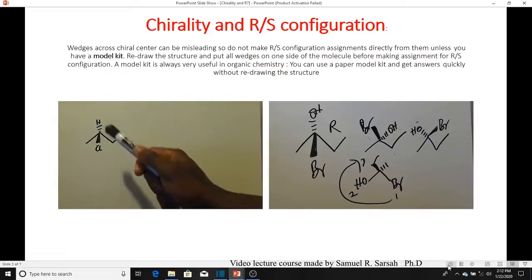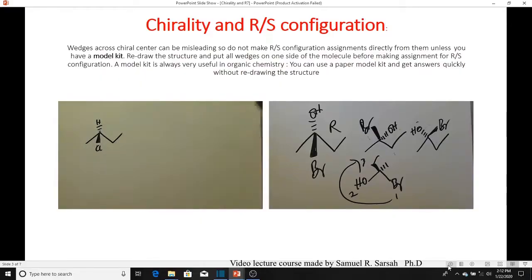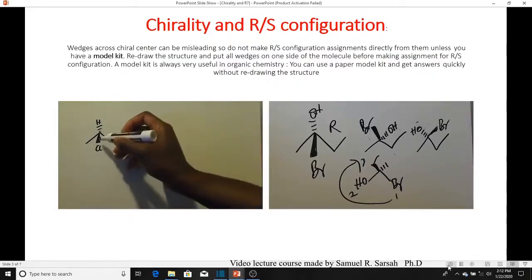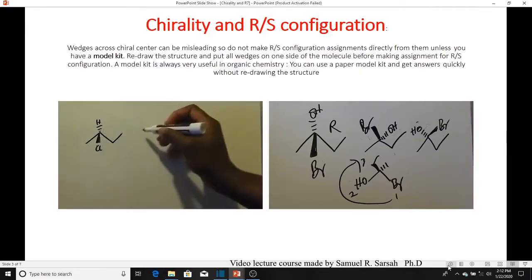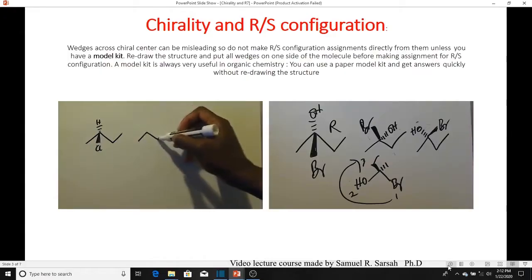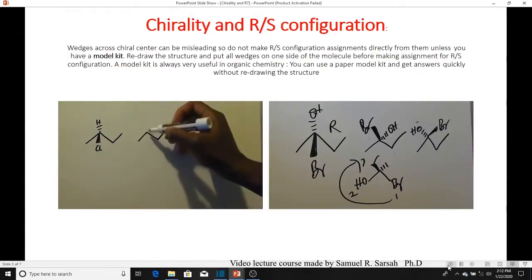So in this case, if you see a structure like this, what you do is this side shouldn't actually be here. It has to be above here. So just redraw the molecule, and bring this side up the same way.